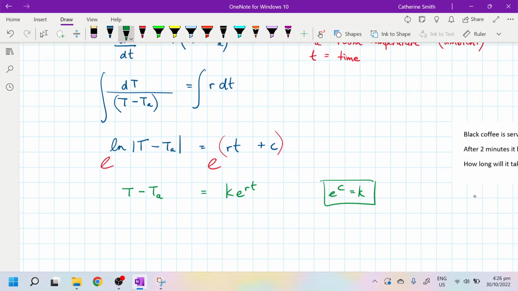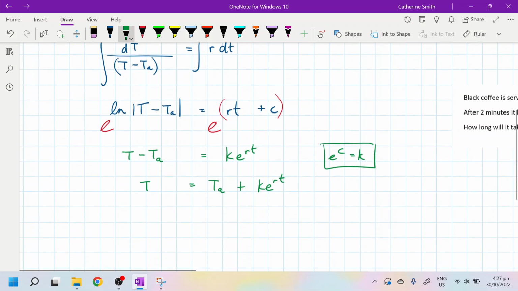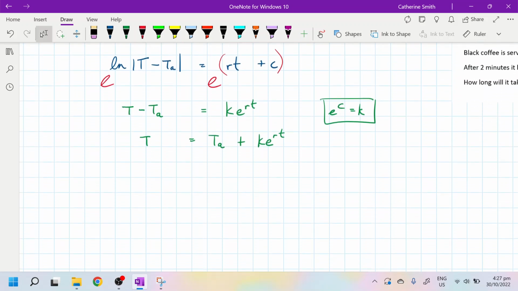And so often they would then put T equals, and it doesn't matter where you put it, TA plus K e to the rt. So we have integrated our rate of change equation. We now have what the temperature would be for certain circumstances.